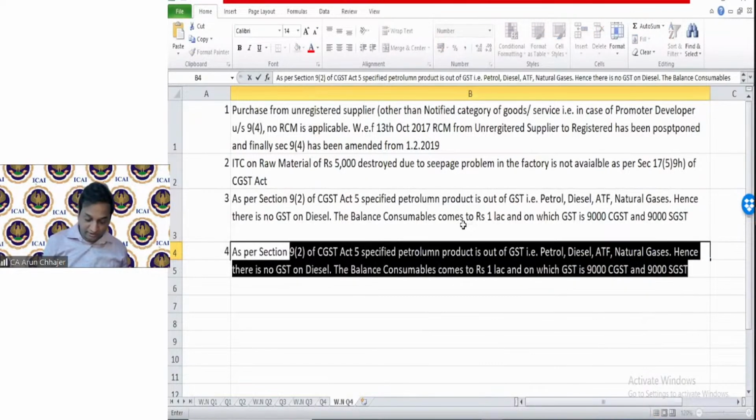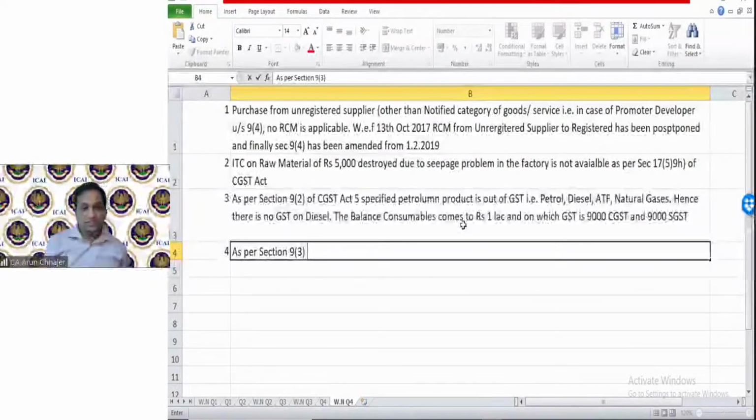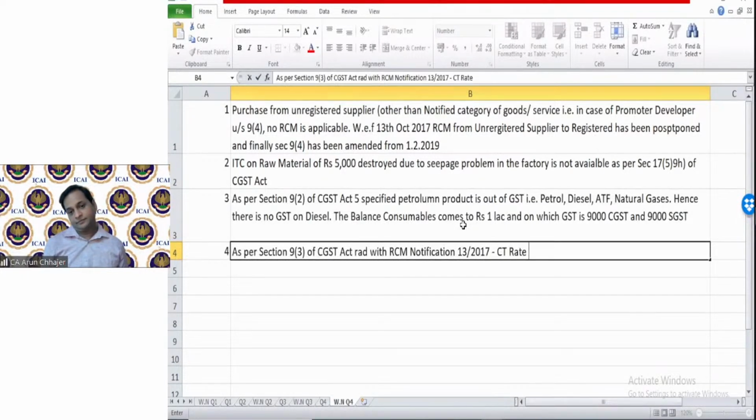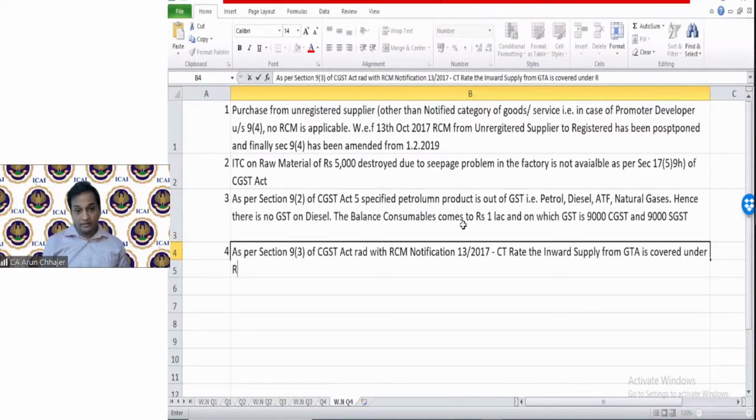As per section 9 subsection 3 of CGST Act, read with RCM notification 13/2017 central tax rate, the inward supply from GTA is covered under RCM.